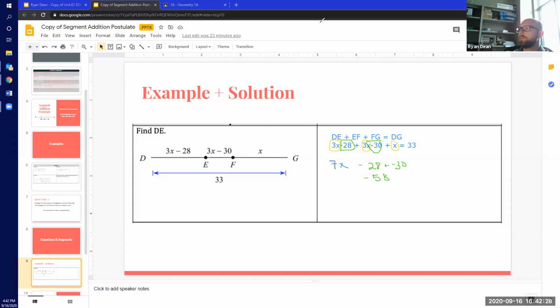So I have 7x minus 58 equals 33. Now I got to get rid of the 58, so I add 58 to both sides.